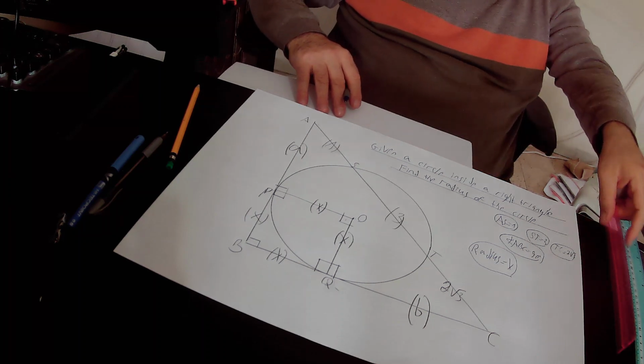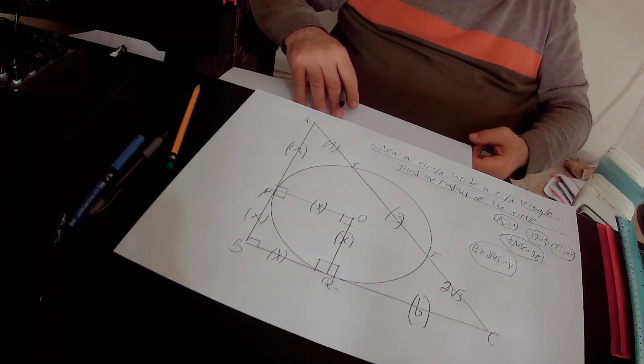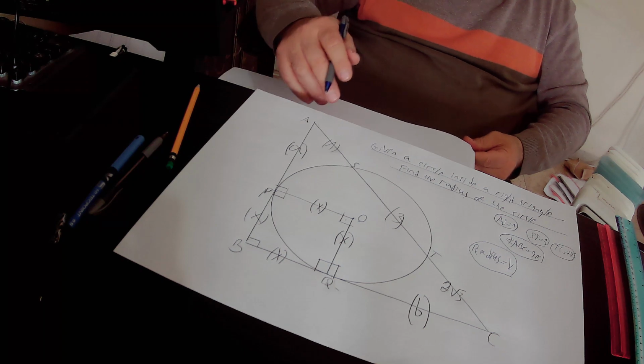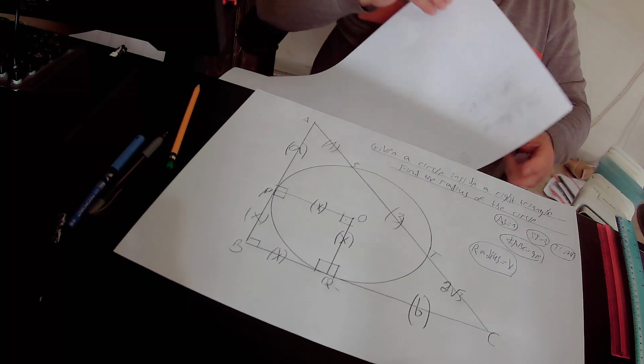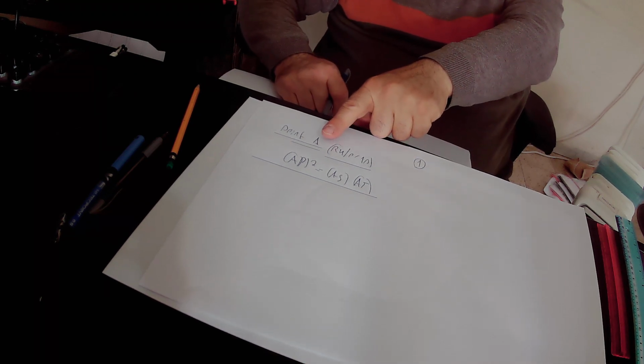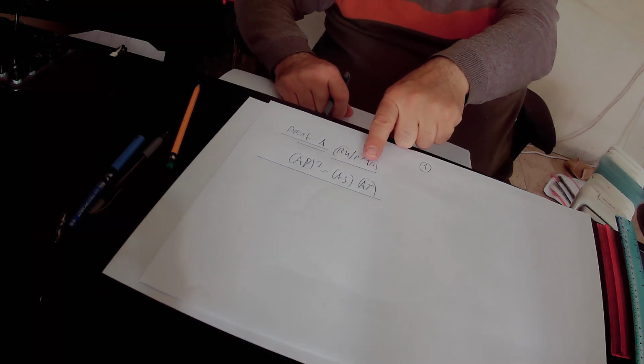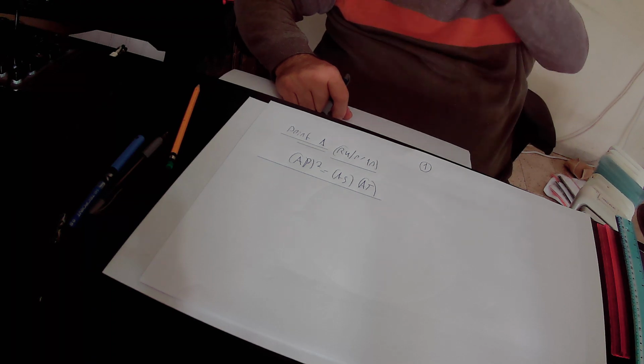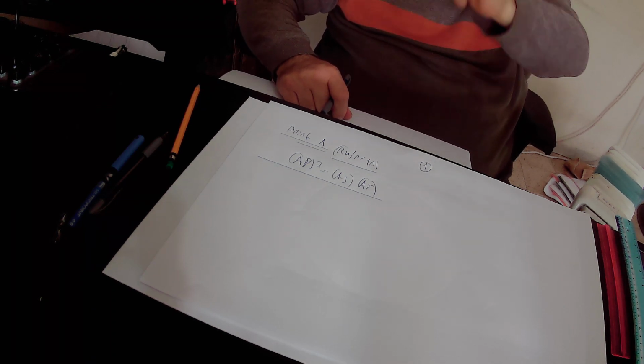Repeat again, if we focus at this point A, according to rule 10, AP squared equals AS times AT. So this equation is the implementation of rule 10 in our drawing.